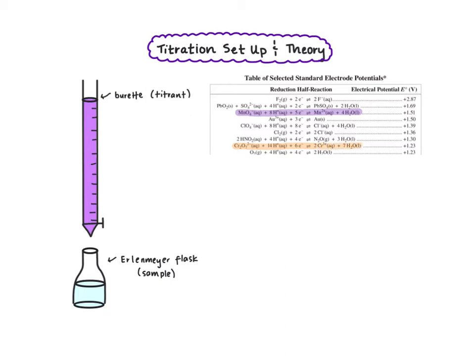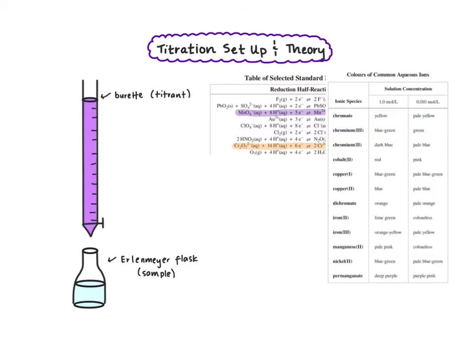And if we flip to page 11 in our data booklet, we can see that permanganate and dichromate have very distinct colors. So permanganate is a deep purple or a purple pink, and permanganate forms manganese 2+. And manganese 2+ is either colorless or a pale pink.